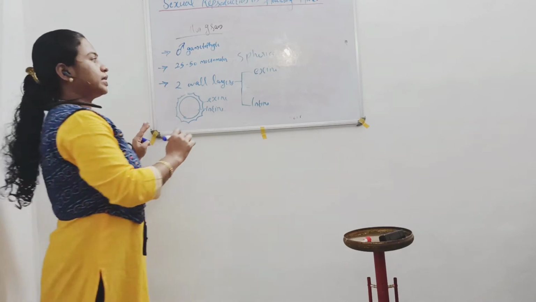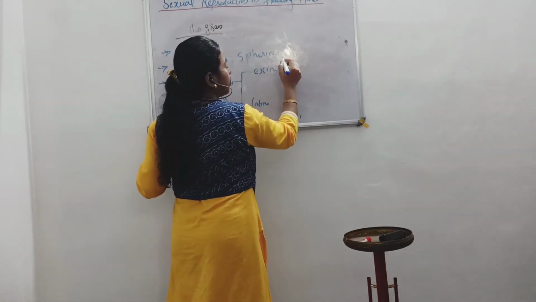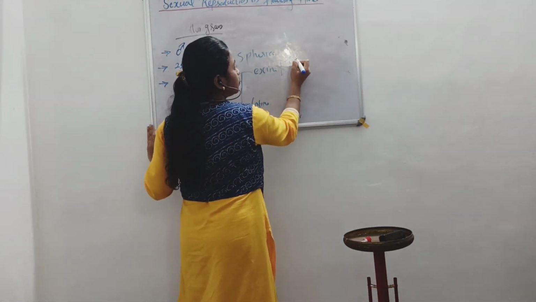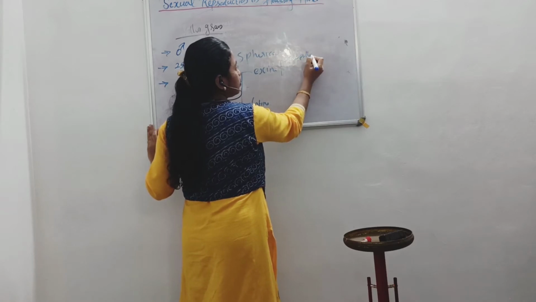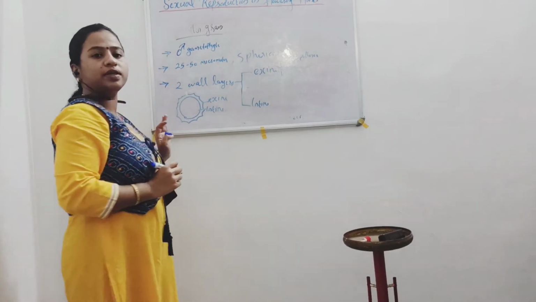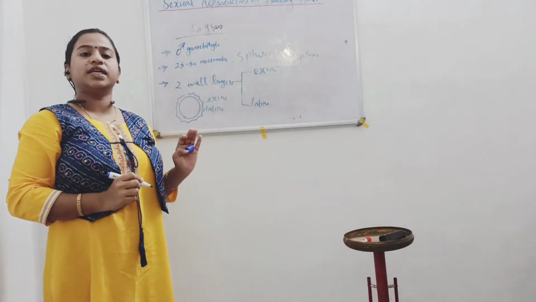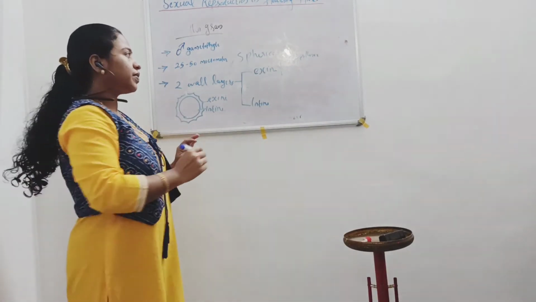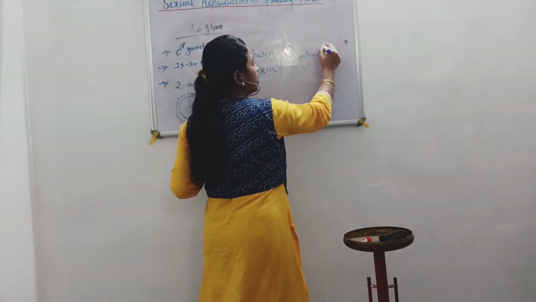What is the speciality of the exine? The exine is made up of sporopollenin. It is one of the most resistant organic materials.